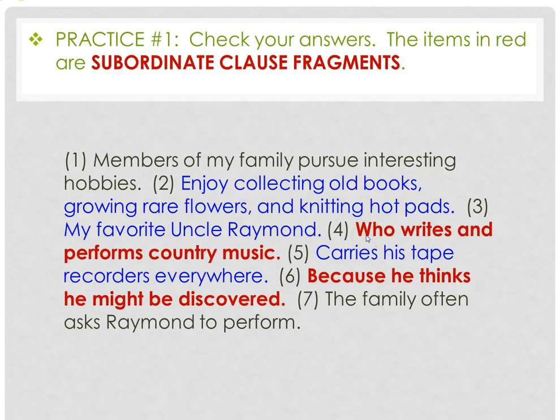That's not the intention. So even though in the previous sentence we named a person, we don't have that subject in this sentence. Number 6 is a subordinate clause fragment because of the subordinating conjunction, because. I do have a subject, he, and I do have a verb, thinks. I actually have 2. I have he thinks, and I also have he might be discovered. But again, this word right here makes it a dependent clause.